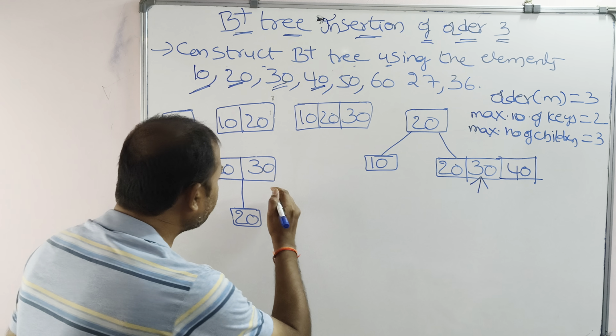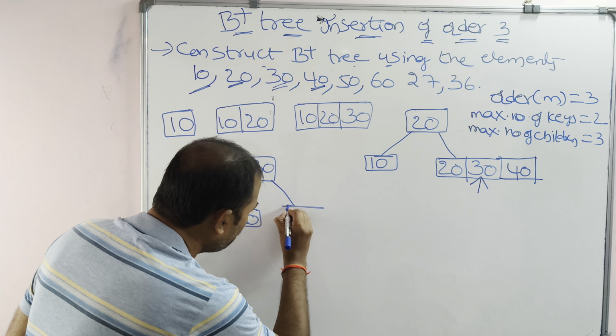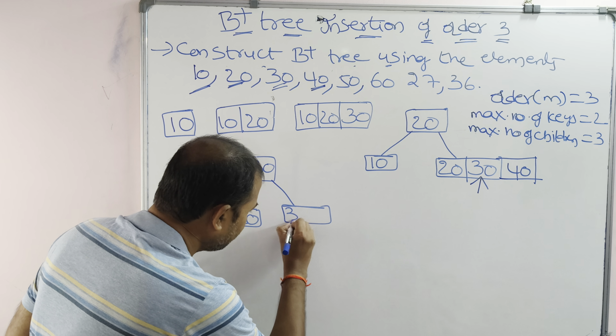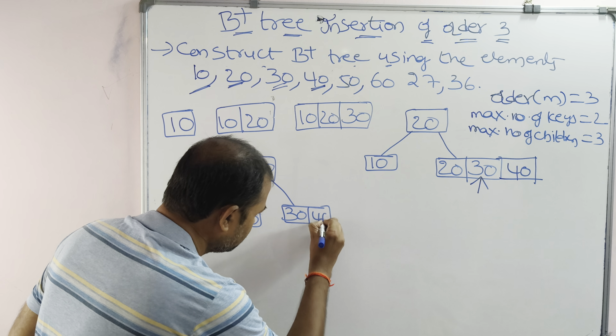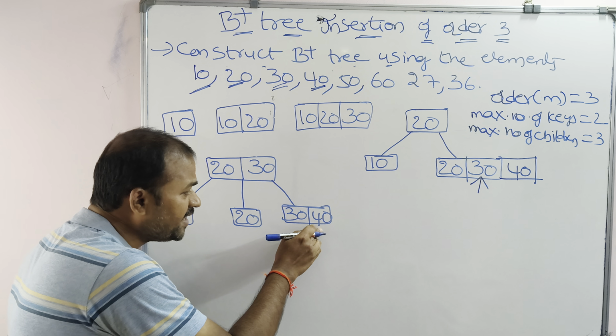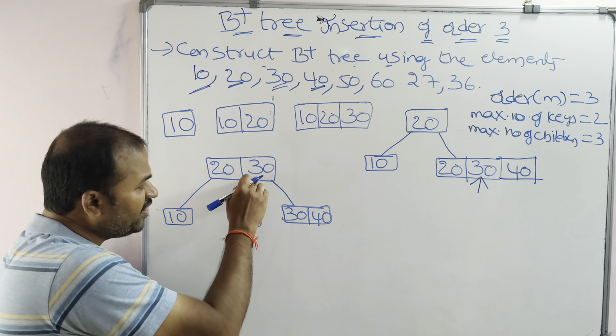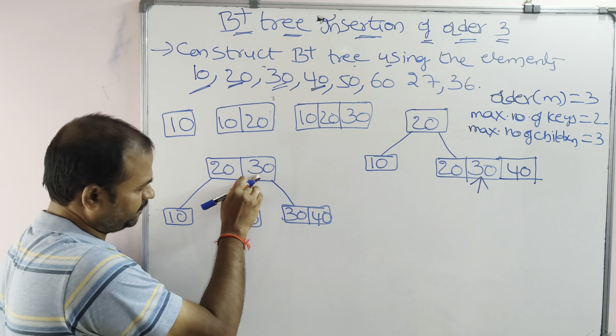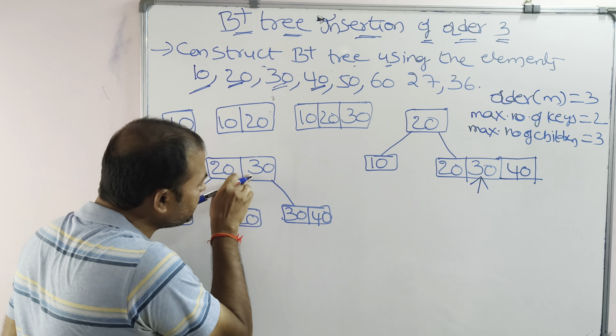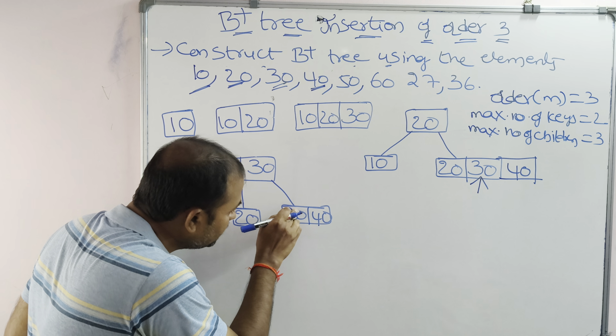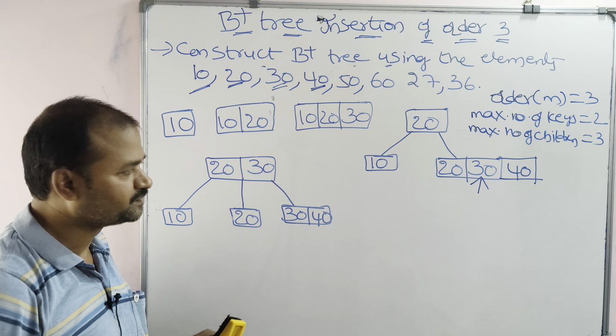Next 30, 40, store as the right leaf. Here 30, 40 are keys. 30 is a key, whereas this 30 is a pointer. So it contains a pointer to the key 30.